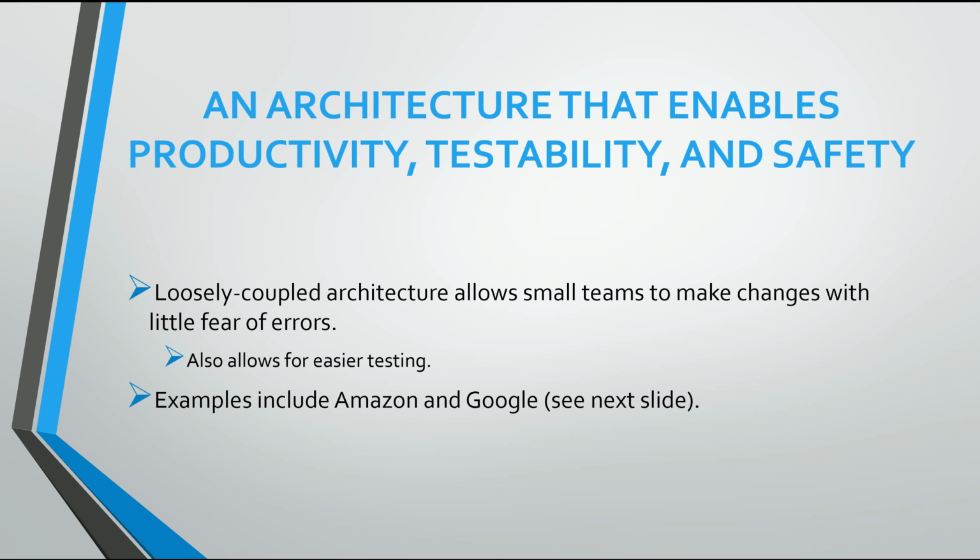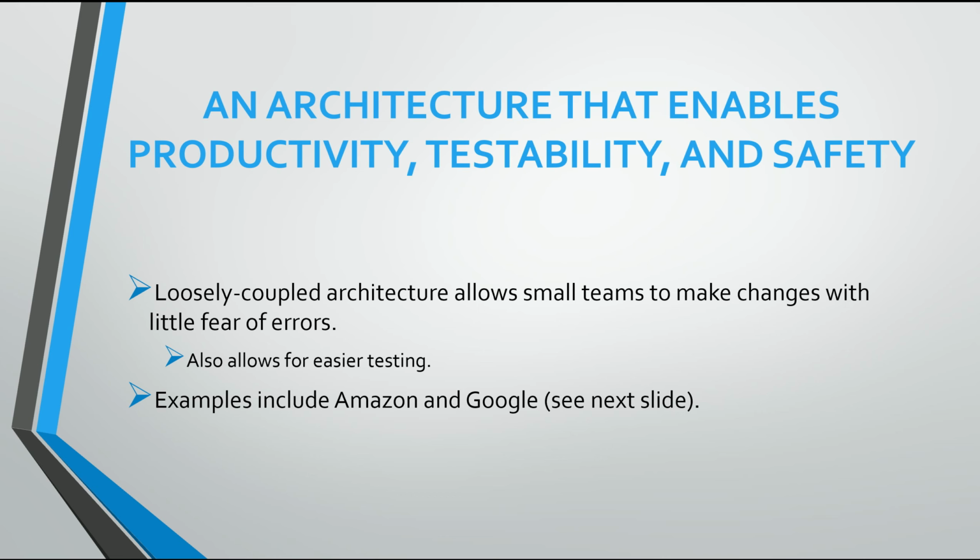An architecture that's loosely coupled allows them to be the most productive with little fear of errors, meaning they wouldn't have to fear having to go back in time and really struggle figuring out where they went wrong and backtracking and increasing the lead times.